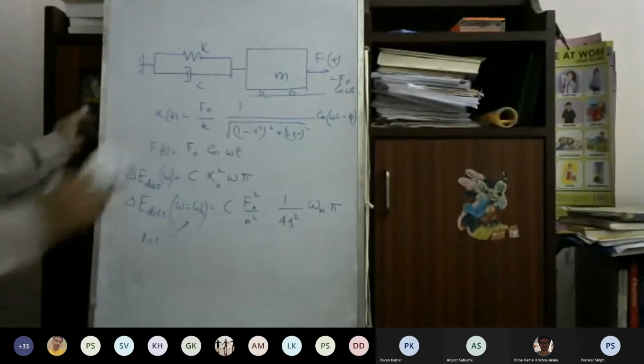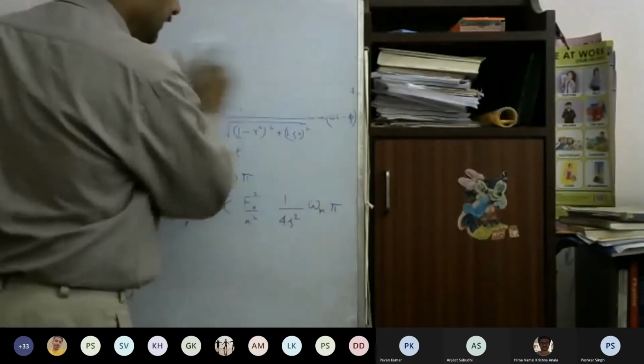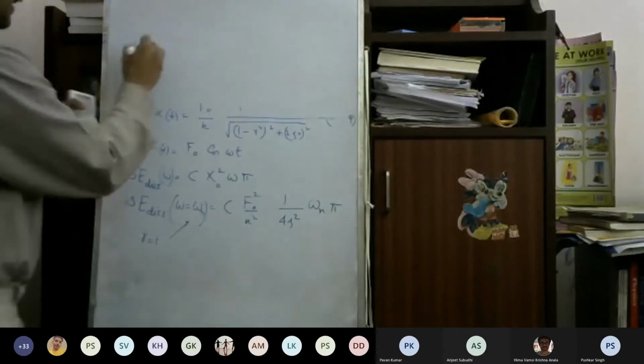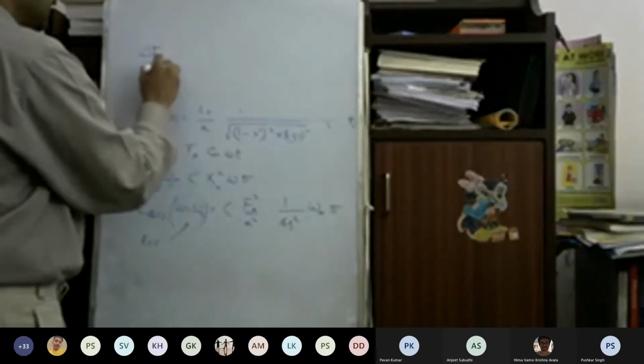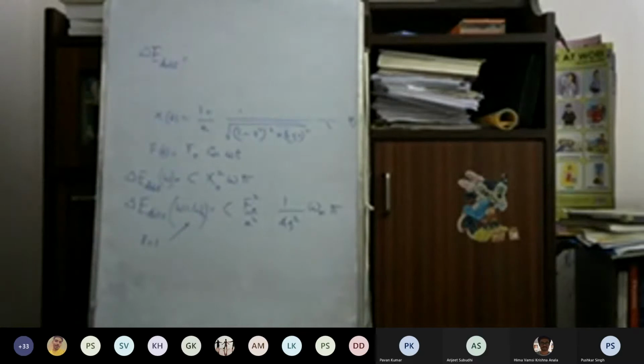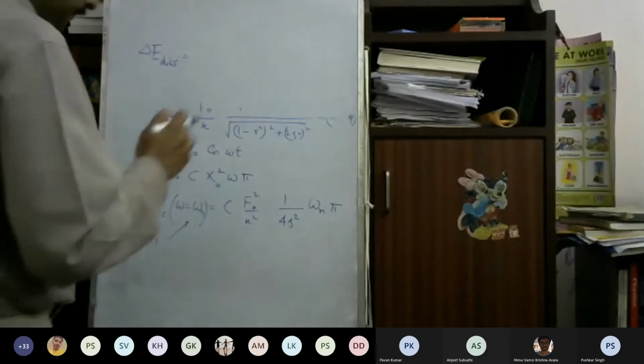Okay, so that is the energy dissipation per cycle. So let me write it down fairly. This is energy dissipation, which is equal to then C.